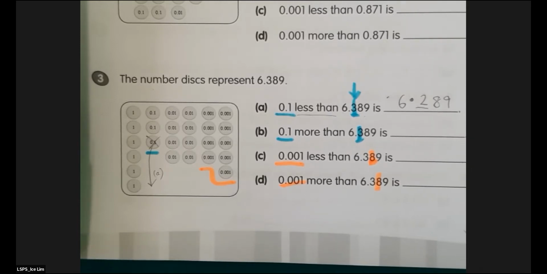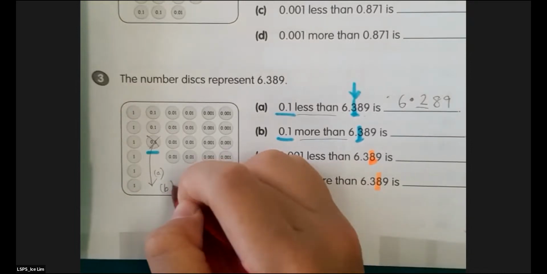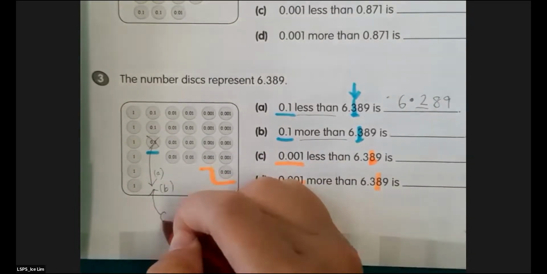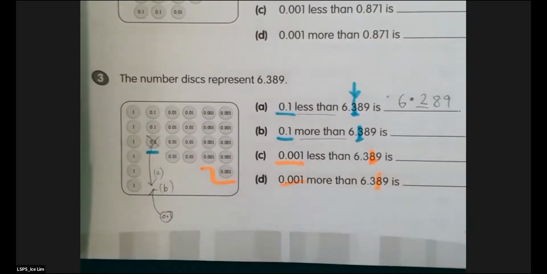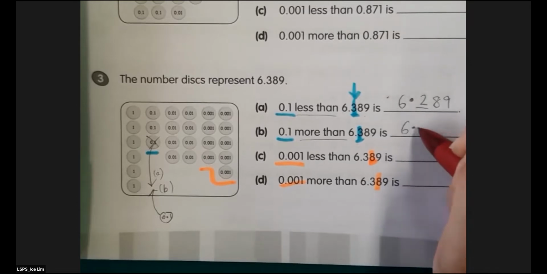Conversely, if I look at 0.1 more, I'm adding 0.1 at the tenths place, and that will get 6.489.